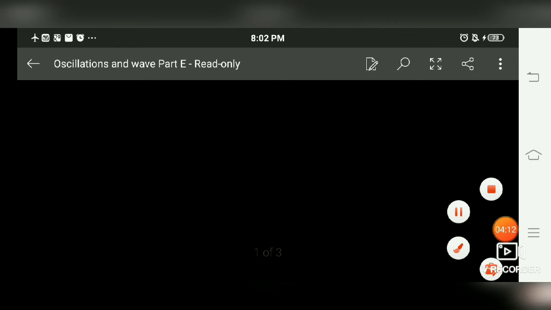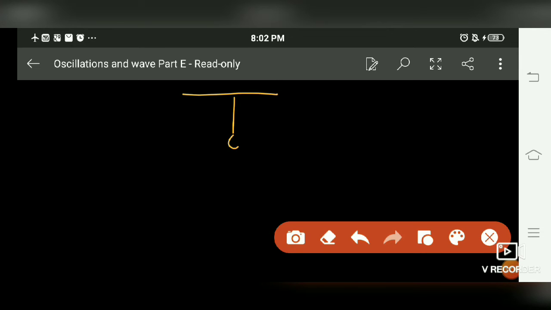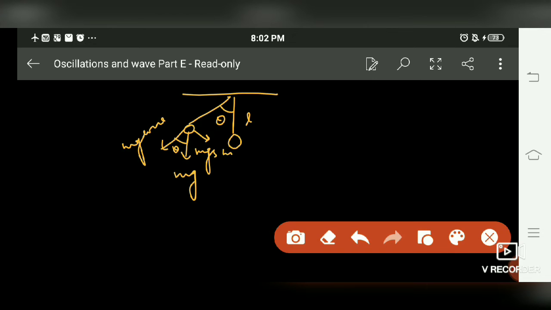L is the effective length. Making an angle theta here, two components are acting here. This is mg. This angle is again theta. Mg cos theta, and this is mg sin theta.